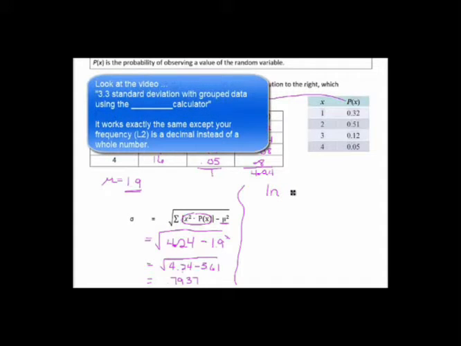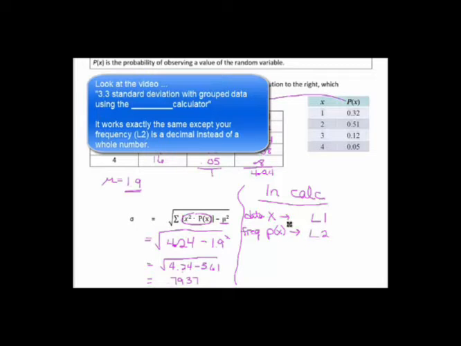So I'm going to give you a little refresher. In your calculator, however you get to your data, you're going to put your data, which is X, in your L1. You're going to put basically your frequency, which is your probability stuff, in L2. It's like frequency, but in decimal form.